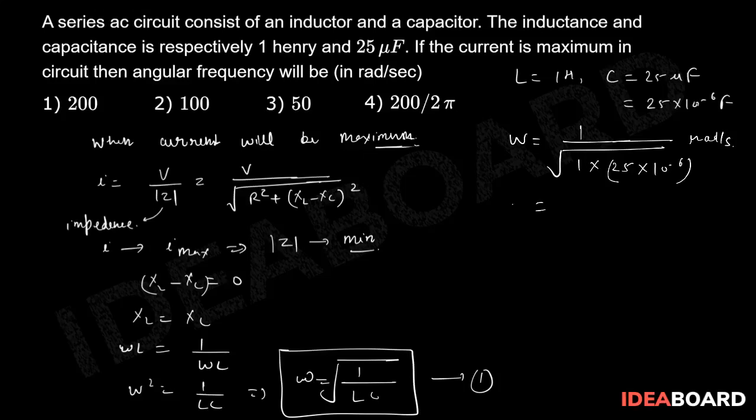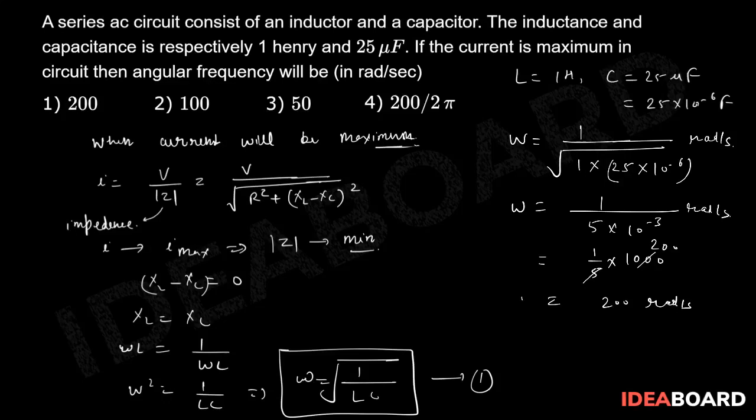So omega is equal to 1 upon 25 will give you 5 into 10 to the power minus 3 radian per second, which is going to be 1 upon 5 into 1000. Perfect. So this gives you 200. So 200 radian per second will be the angular frequency. So the answer will be option number 1, which will give you the right answer. Okay.